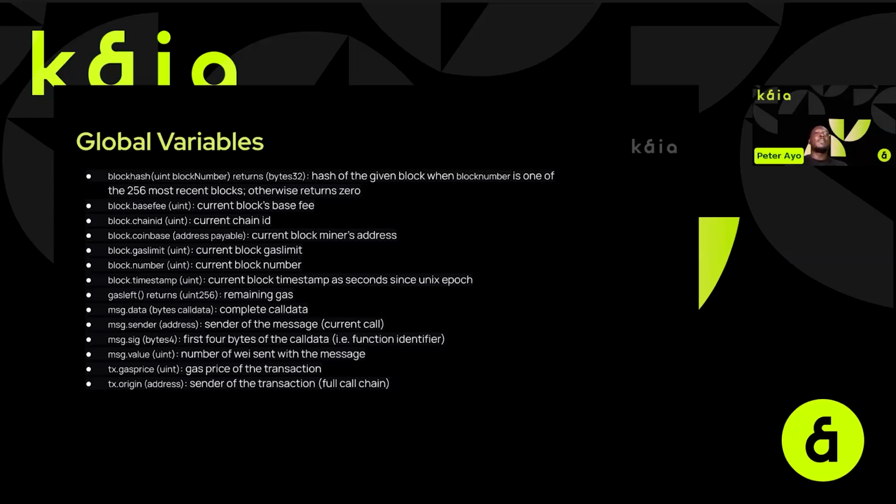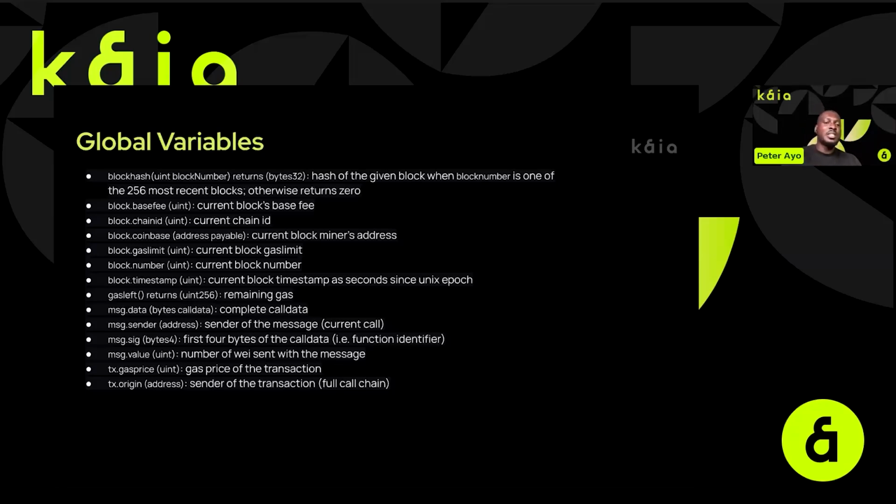What that is telling us is that we should take note of the number of wei that is sent with the function deposit at the time that we called it. Because the function deposit is payable, and in our Remix front end we are sending one ether, it takes that one ether we are sending and uses it as msg.value, because that's the number of wei that has been sent with the transaction call, right?